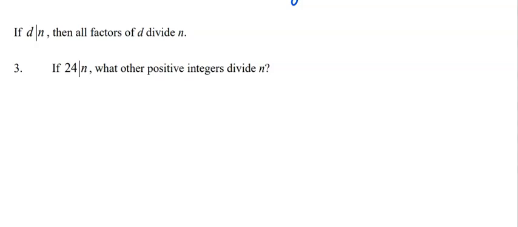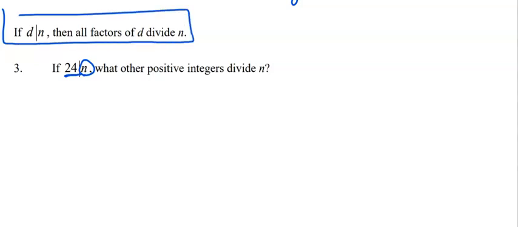If 24 divides some number, and I don't even know what that number is, if 24 divides some number n, then all the factors of 24 would also divide that number. And so if this particular number is divisible by 24, then that number is also divisible by every factor of 24, which is what this is saying up here.